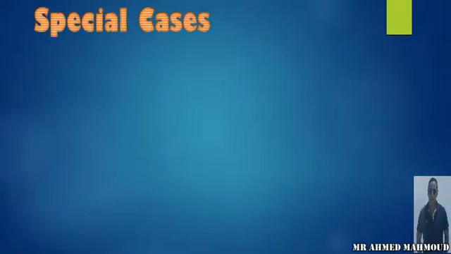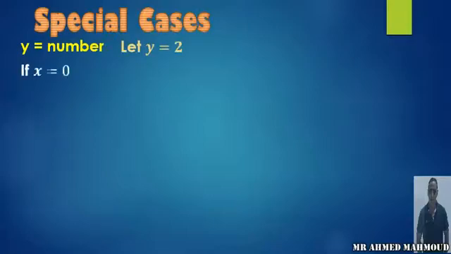Now we have a special case. The special case is here called the constant relation. The first constant relation is y equal to a number. For example, in any relation, x and y vary together.